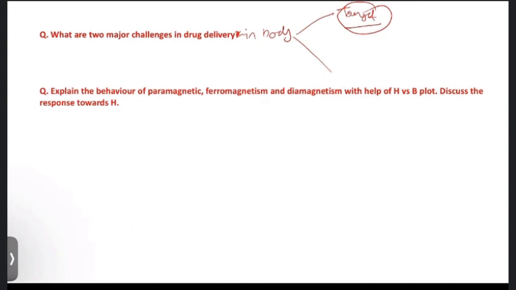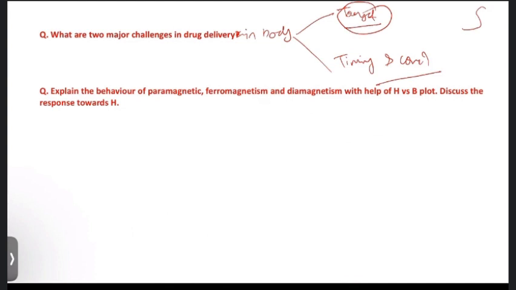Understood? Yes, ma'am. And the other is timing and concentration. Suppose it is traveling through the whole body and it has to target some corner or some deep nerves. It might be possible that its concentration decreases by that time.